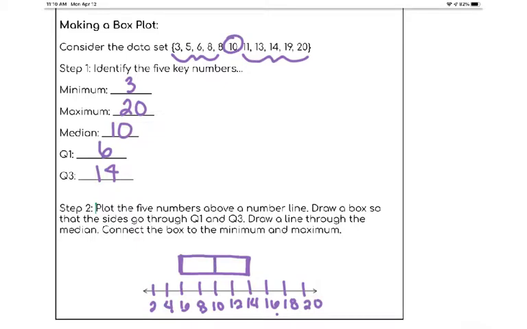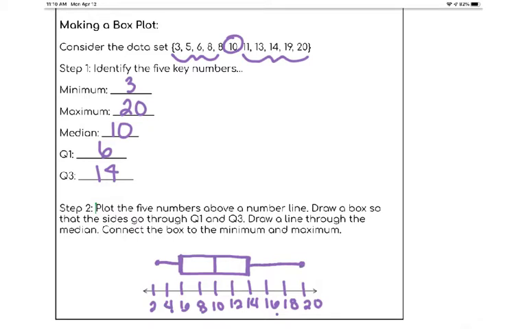Draw a line through the median, and connect the box to the minimum and the maximum value. So our minimum value was 3, so we'll just draw a line to 3, and then our maximum value being 20, so we'll draw a line to 20. And that is your box plot.